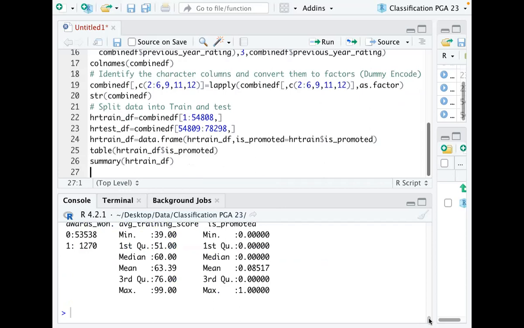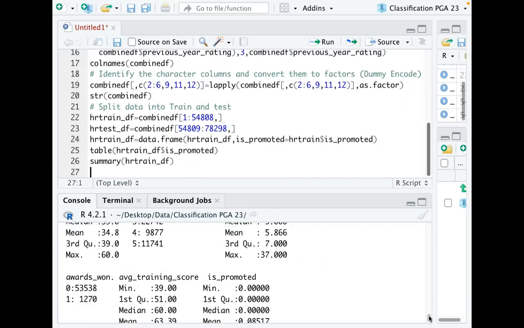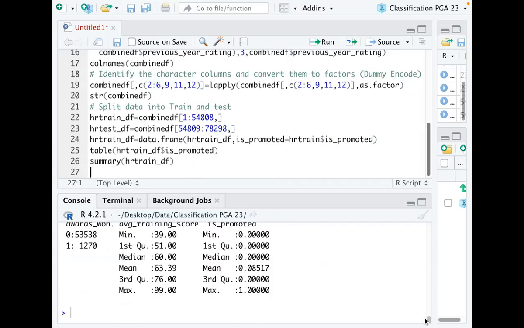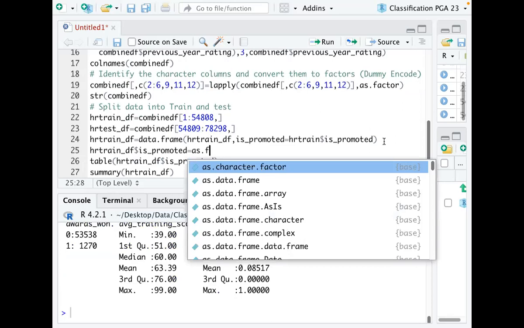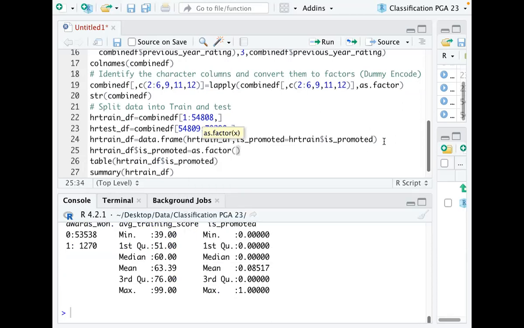Once you convert the factors, is underscore promoted also has to be converted to factor. So HR train DF dollar is underscore promoted is equal to as dot factor HR train underscore DF is underscore promoted.